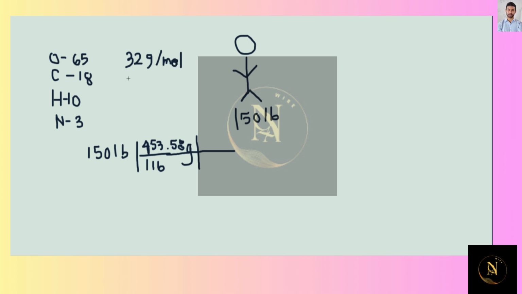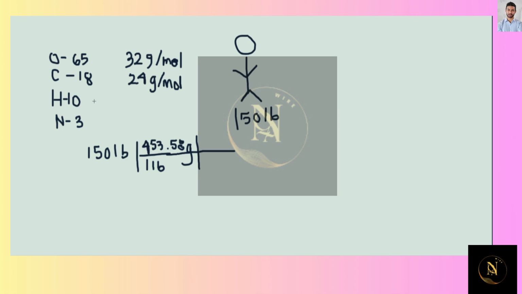For carbon, it's 12 grams per mole normally. Since it's diatomic, we're going to multiply 2 times 12 to get 24 grams per mole.